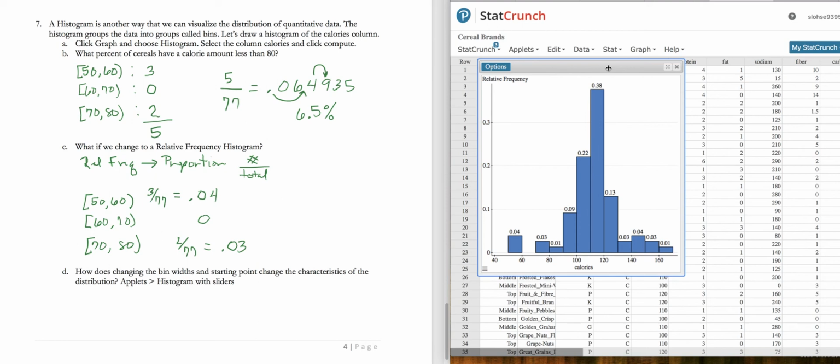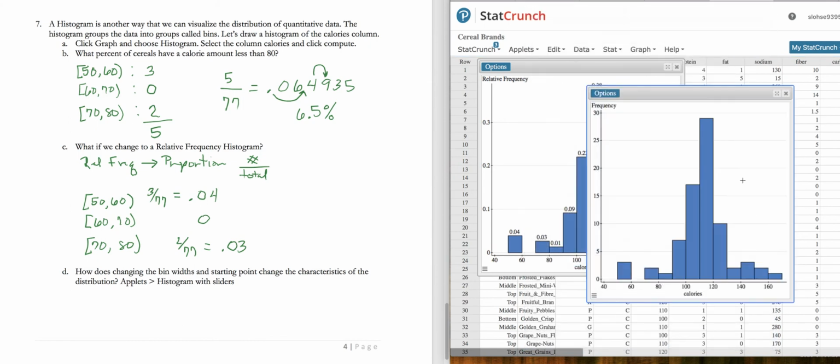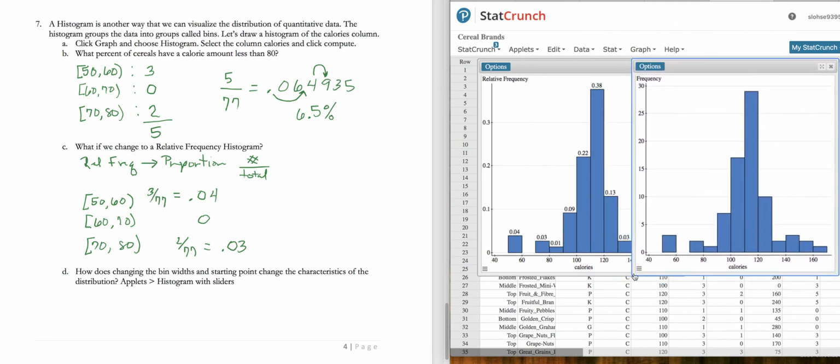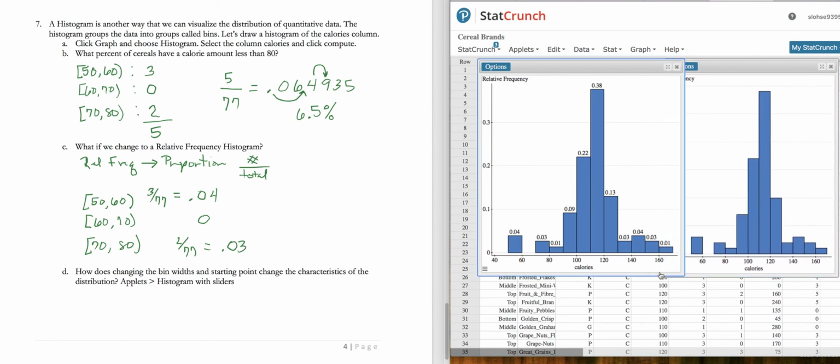The other thing that I hope you notice about this is that the shape is exactly the same between that frequency and relative frequency histogram. I'm actually going to go back and get the frequency histogram and just put it side by side so you can see how identical they are.